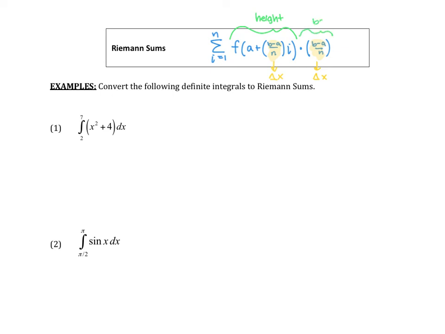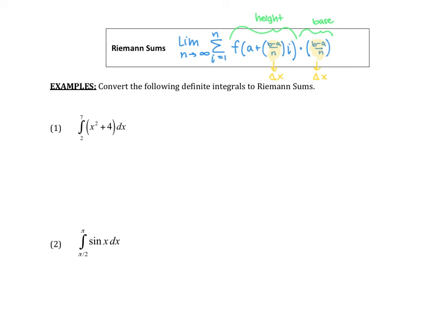This portion is my base of each rectangle. Now what I want to do to find a true Riemann sum is take the limit of this as n approaches infinity. Meaning the more rectangles I can put in there, the more accurate my area is going to be based on the Riemann sums.